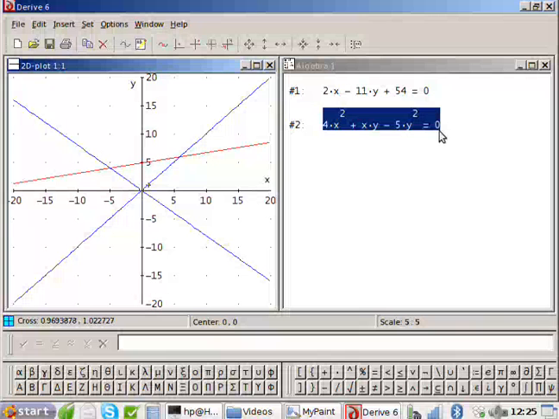Now, that's not finished. We have to go back up here to get the y. Remember that y equals 2 over 11x plus 54 over 11. So I need to use this now to get the y part.